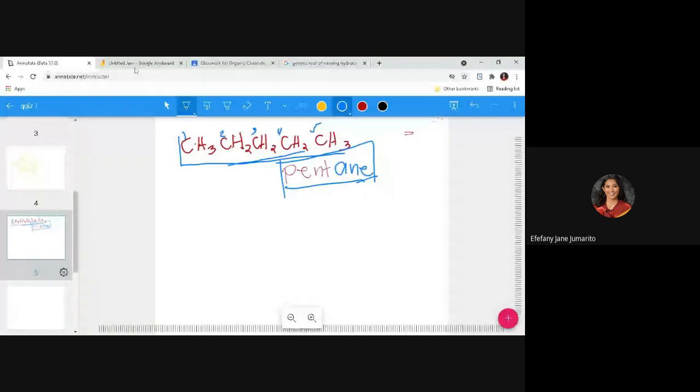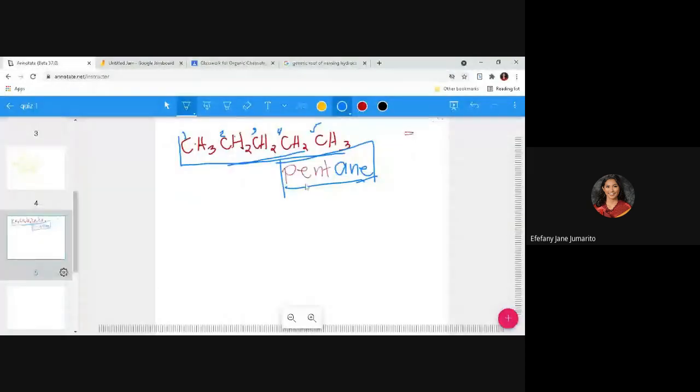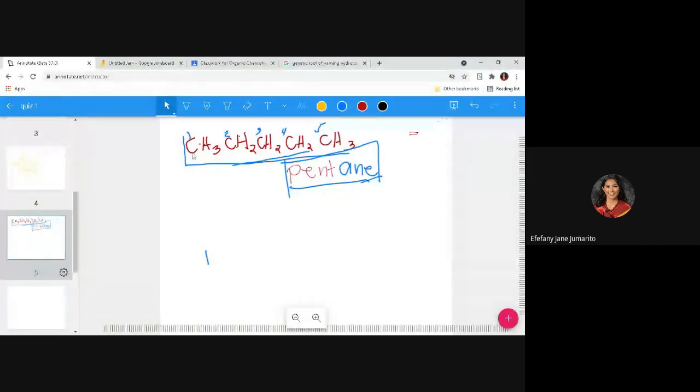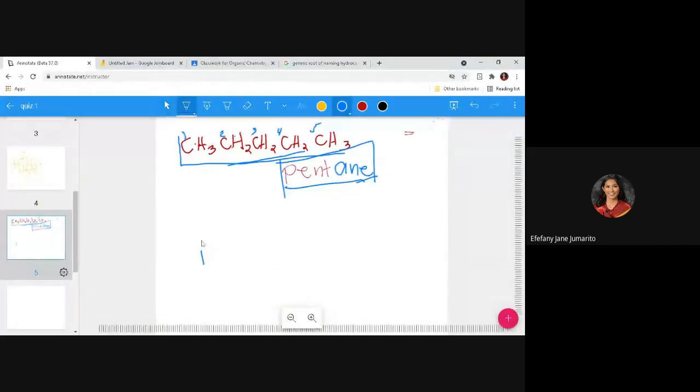Then we have, okay. So we will draw the line structure. Okay, line structure. So how would we do that, class? Okay, class, when drawing a line structure, remember just, okay, we have here the C. Okay, so the first point is your carbon.